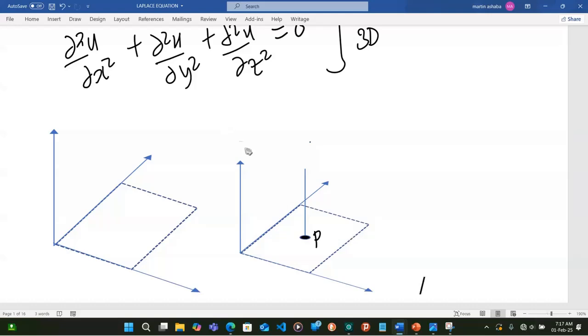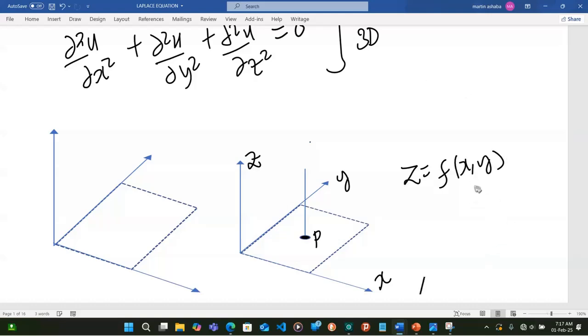This is Z, this is Y, this is X, so Z is equal to a function of X, Y.